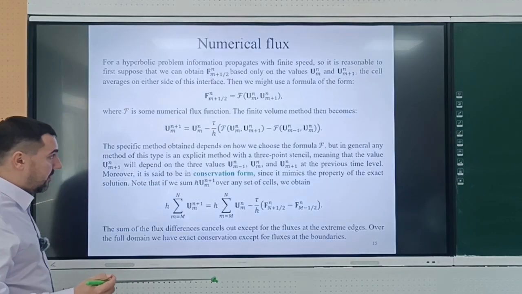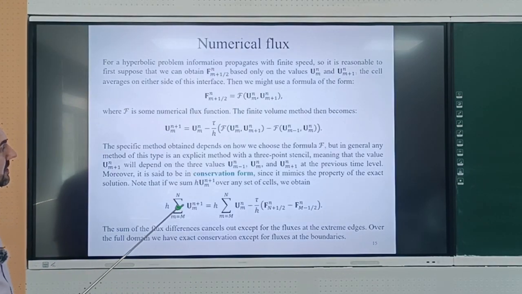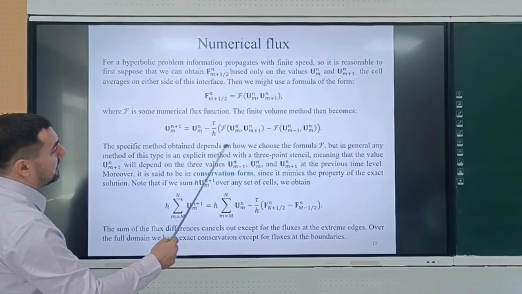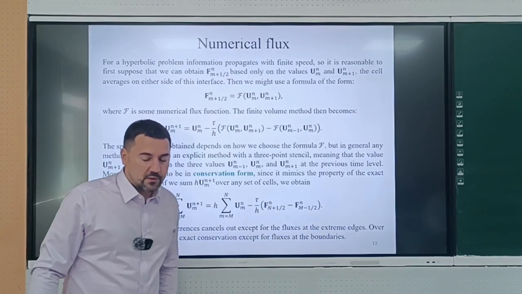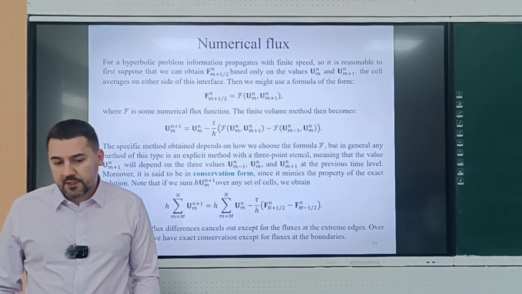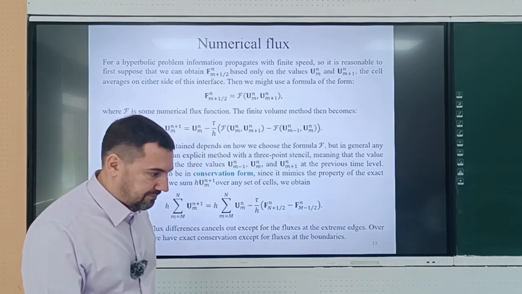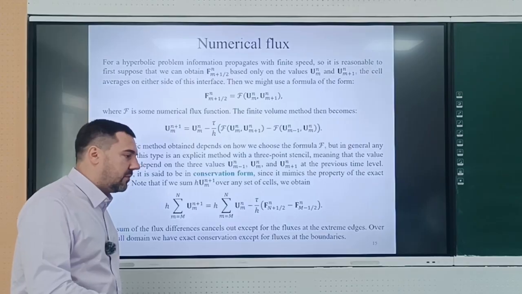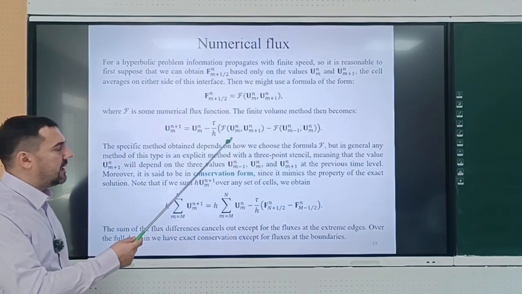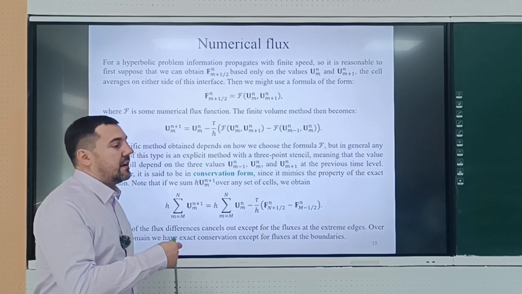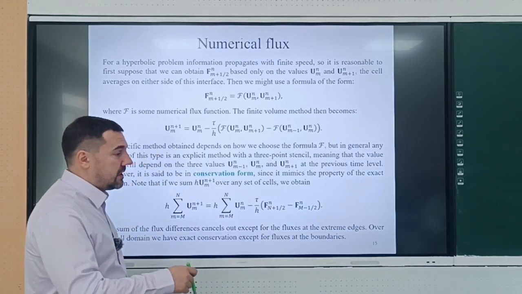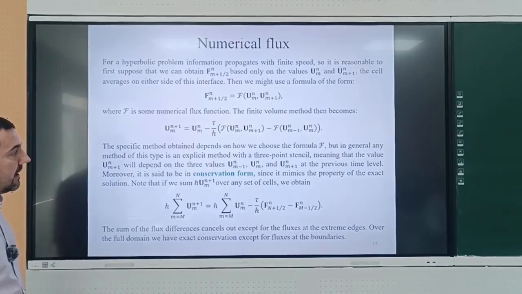And as for the linear advection equation, the main question is how to approximate this numerical flux. Actually, the following lectures will be about the Godunov scheme as the scheme for the computation of numerical flux based on the exact solution of the Riemann problem, as well as a number of approximate Riemann solvers such as HLL and HLLC.